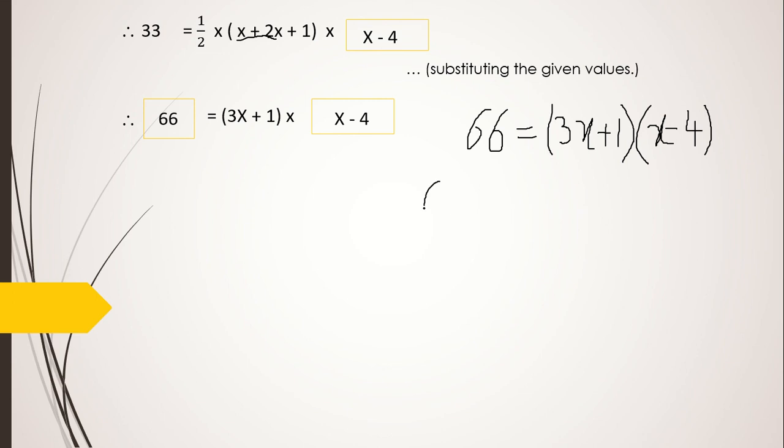So what we can do is we can open one bracket. So 3x into x minus 4 and plus 1 into x minus 4.